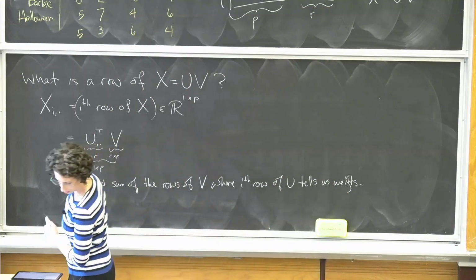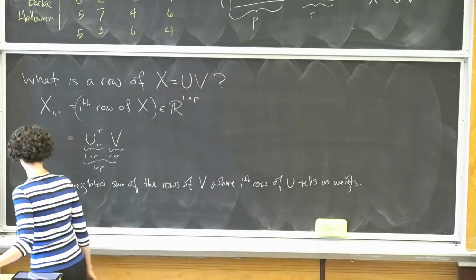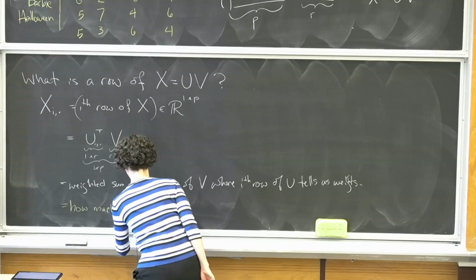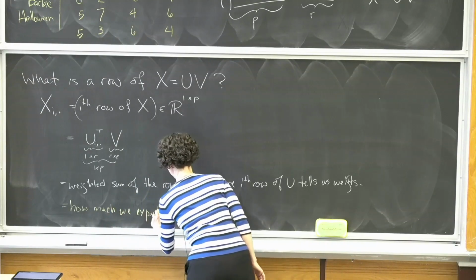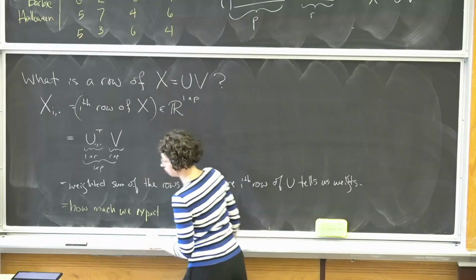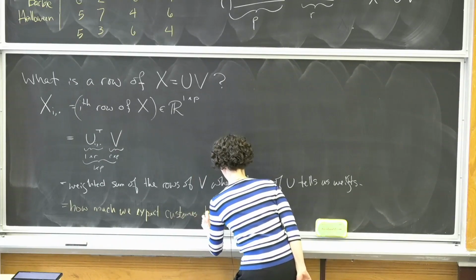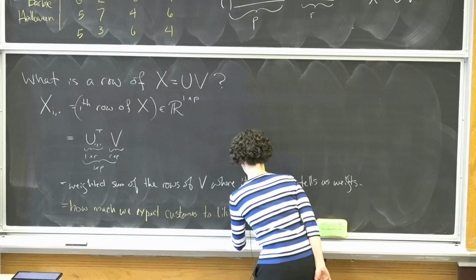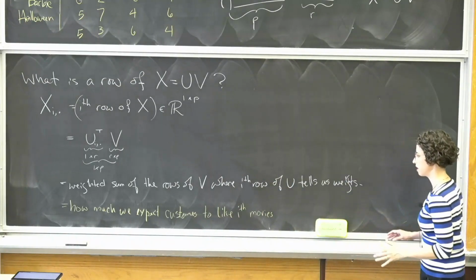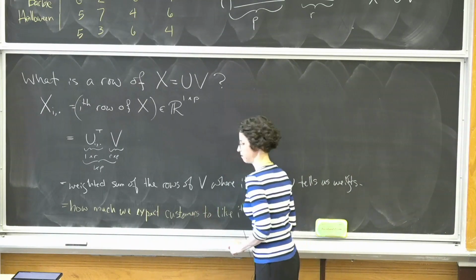And then finally, in the context of our example, it's telling us how much we expect everybody to like the ith movie. And when I say everybody, I don't mean just on average, but I mean how much each individual customer will like the ith movie.